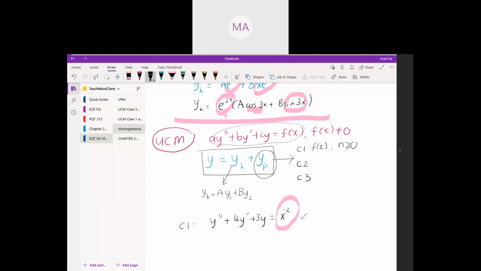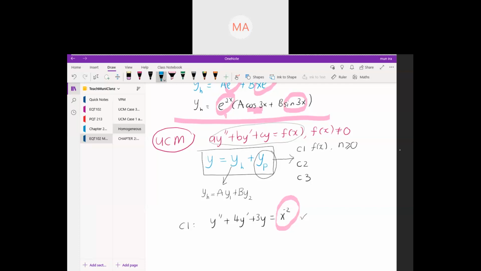I don't know, madam, I just go by my feeling, madam. Can, maybe. Afiq? Akmal? Can this equation be solved by using UCM? Where did my student go? Akmal? Muhammad Akmal?